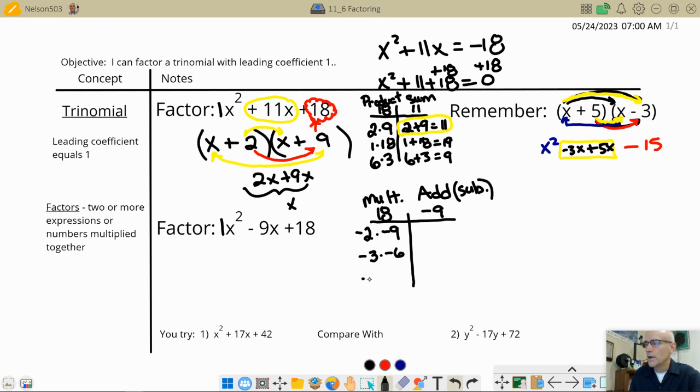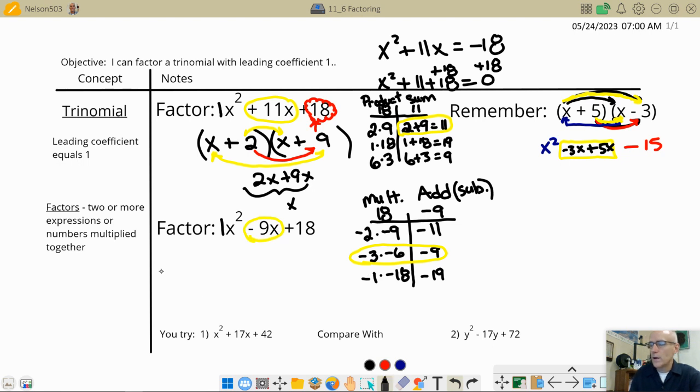Or I could have a negative 1 times a negative 18, right? So now I end up with negative 11 or negative 9 or negative 19. So which one do I want? Well, I want this one right here. Let me circle it in yellow again. I want this one right here because it's going to give me the correct middle term of a negative 9x, right?